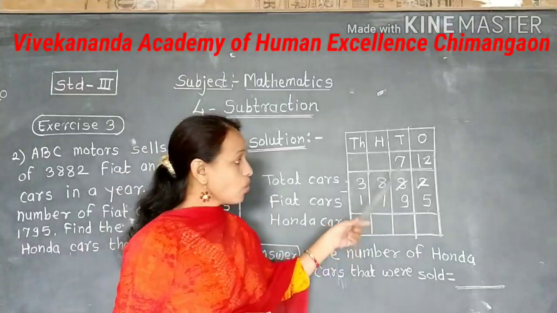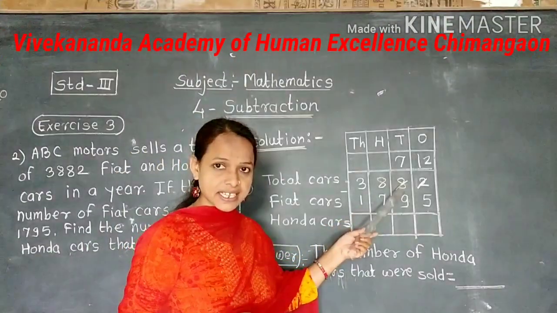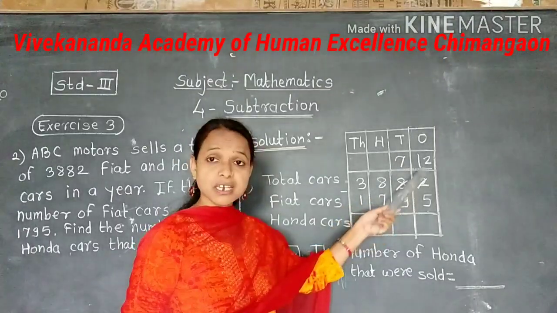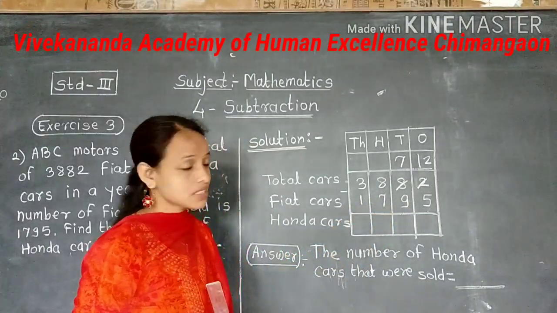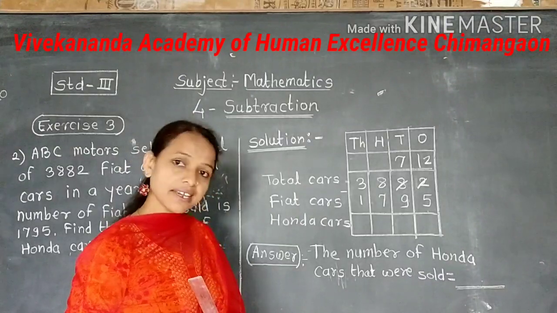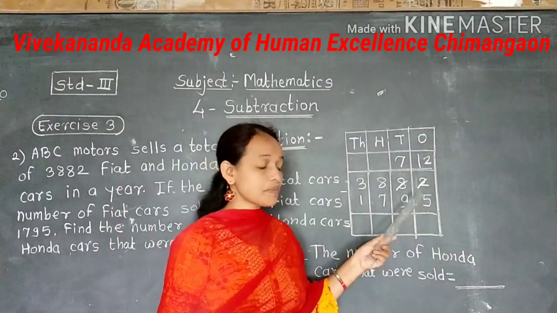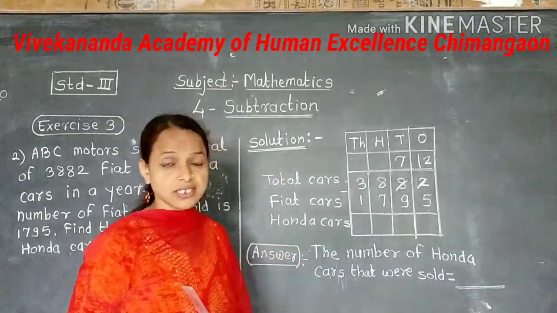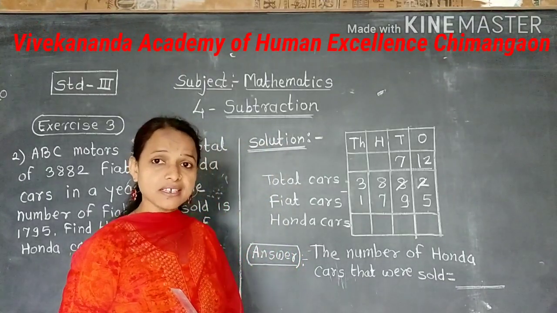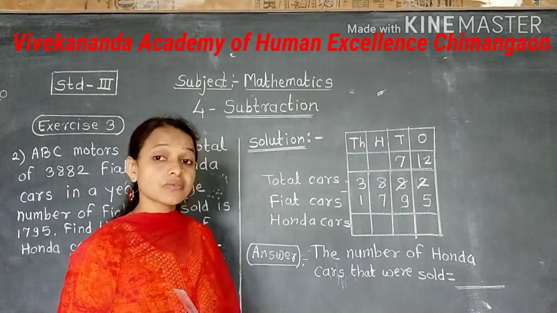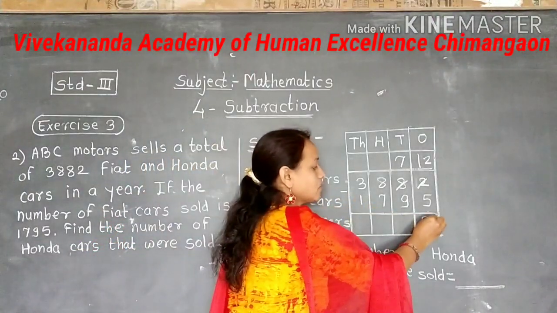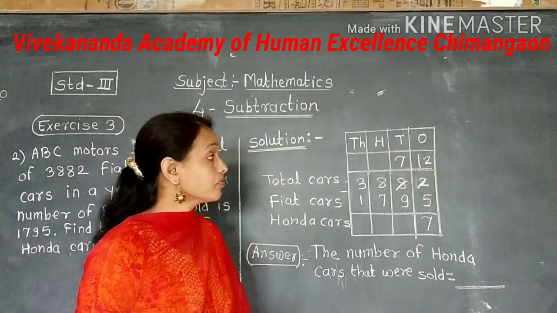We borrowed 1 ten from 8 tens, so 8 minus 1 remains 7 tens, and 2 ones become 12 ones. Now we can subtract the ones. We subtract 5 ones from 12 ones. 12 ones minus 5 ones, we get 7 ones. So we write 7 in the ones place.